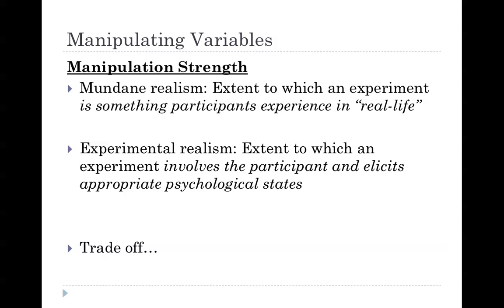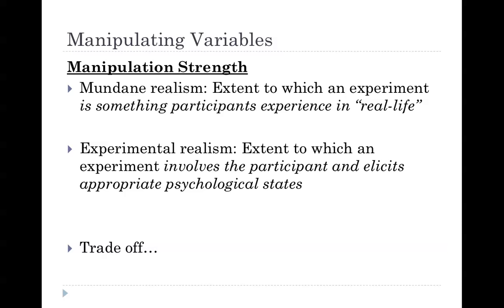However, it's a bit different when we think of experimental realism. Now, experimental realism deals with the extent to which an experiment actually involves the participant, enmeshes them in the experiment, and elicits the appropriate psychological states. Let's think of this in regards to Milgram. Were participants involved and invested in the experiment?